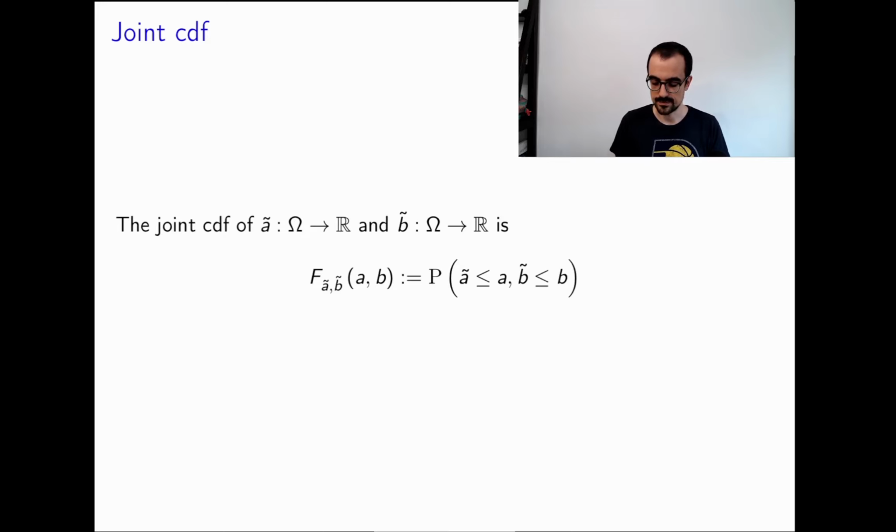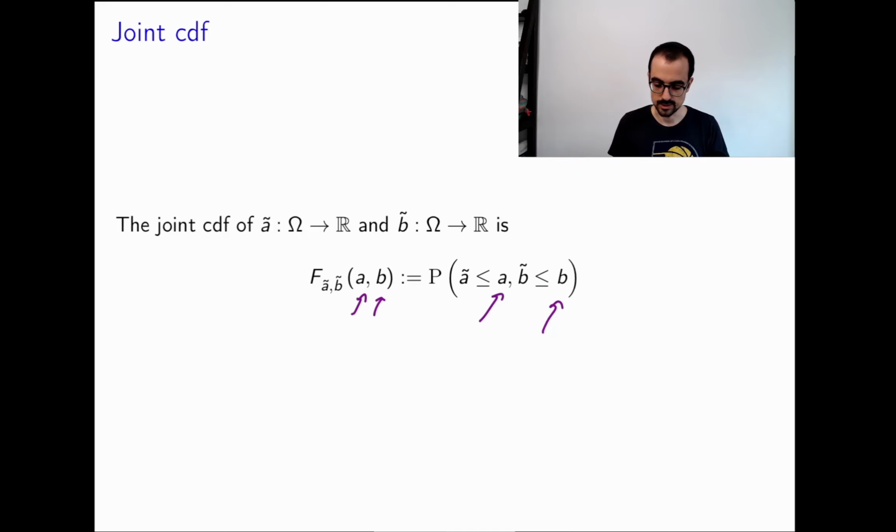The joint CDF at a two-dimensional point is just the probability that the first coordinate of the random vector is less than or equal to the first coordinate of the point, and the second coordinate of the random vector is less than or equal to the second coordinate.